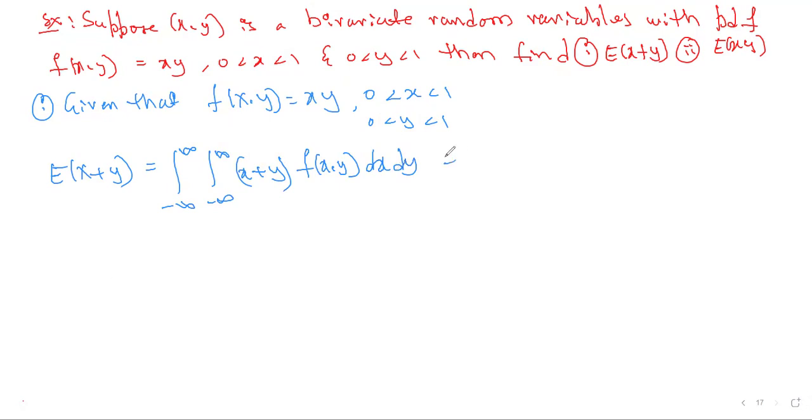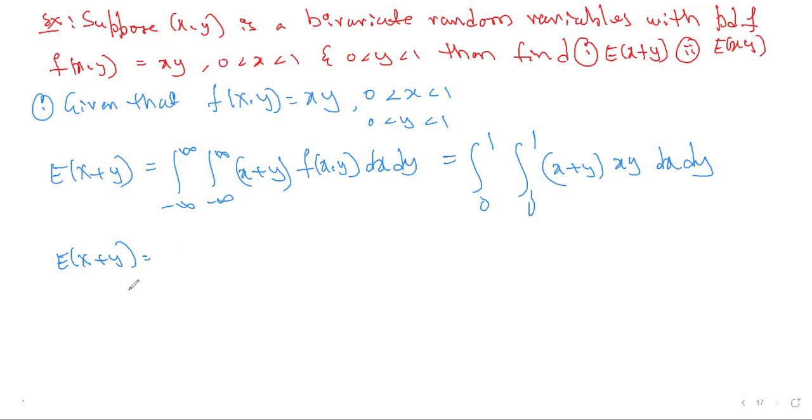Here minus infinity and plus infinity mean the lower and upper limits, which are 0 to 1 for both. So the expected value of x plus y is the integral 0 to 1, integral 0 to 1 of x plus y times xy dx, then dy.